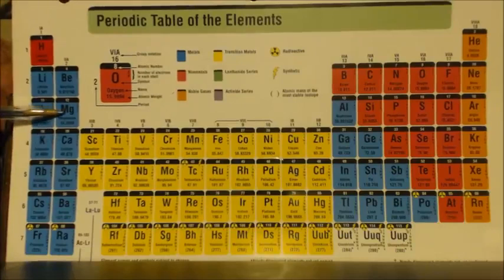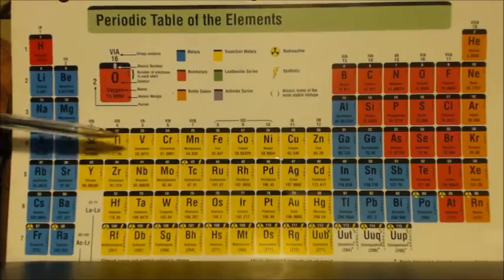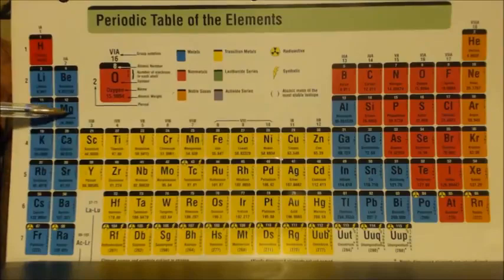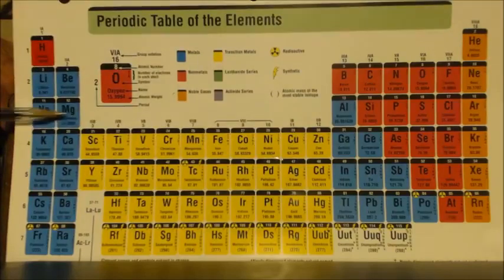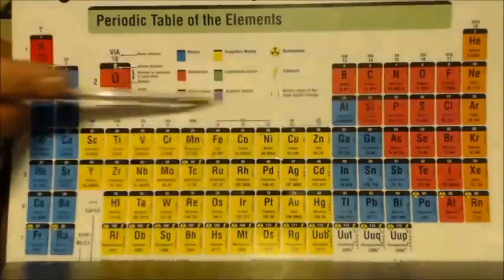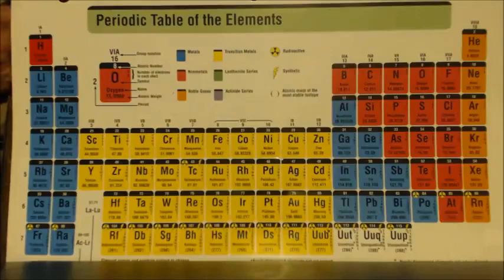Now this one right here can actually have 8 or 18, because remember your d orbitals, this is actually a 3d orbital, right? So if you're in this row, shell 3, period 3, you have 8 electrons for your valence electrons.